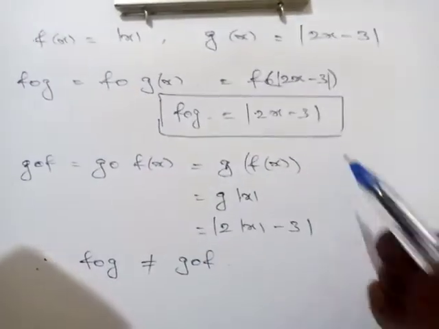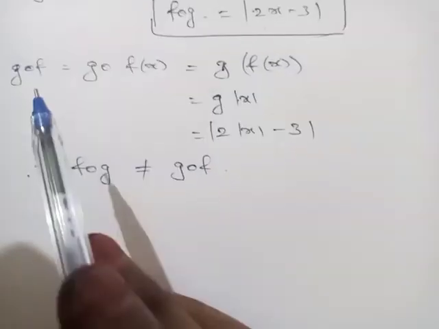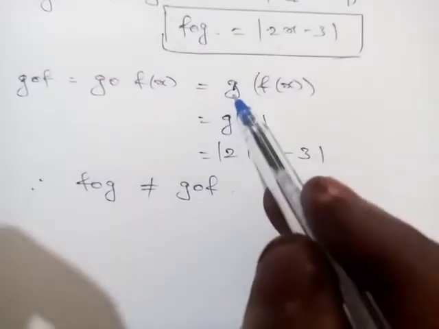Now g over f. g over f is equal to g of f of x.